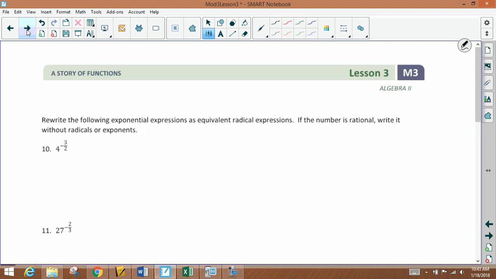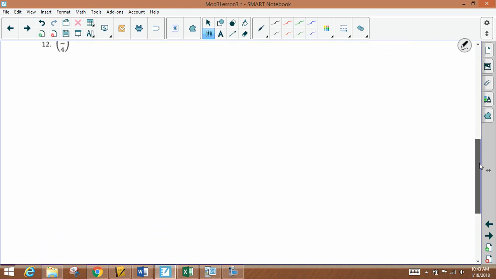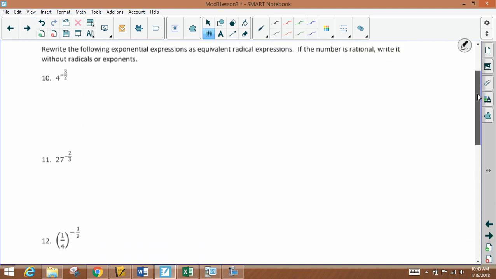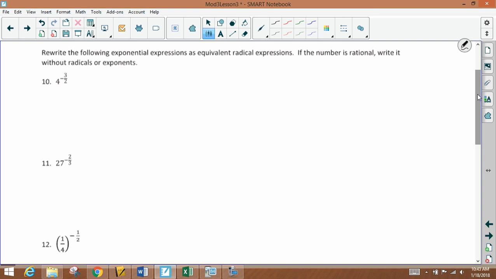So now we have some negative exponents to deal with, and I do believe these are our last 3. So here we go. If we use that property, this is 1 over positive 4 to the positive 3/2, right? Instead of 4 to the negative 3/2. And then we can write this as 1 over the square root of 4 to the 3rd.